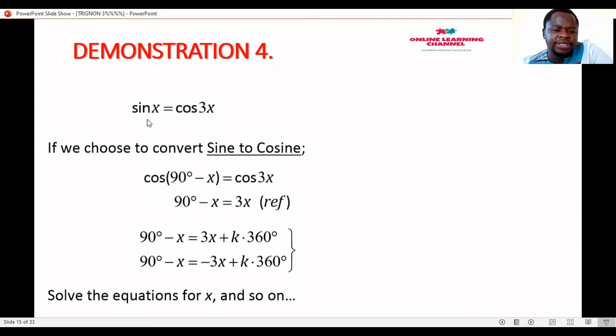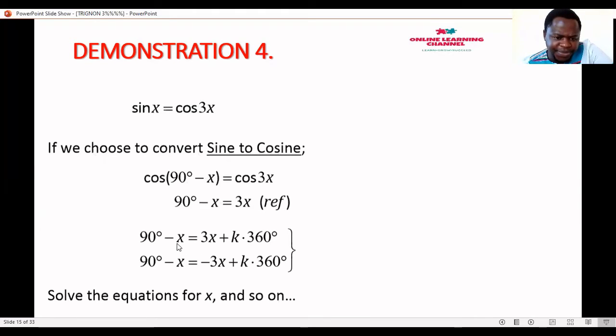So now if we start by changing this sine x to cosine, it will be cos of 90 minus x, which is equal to cos of 3x. All right. So now we equate the angles. The angles are 90 minus x and 3x. So you just equate the angles, because here you've got the same cos and cos.